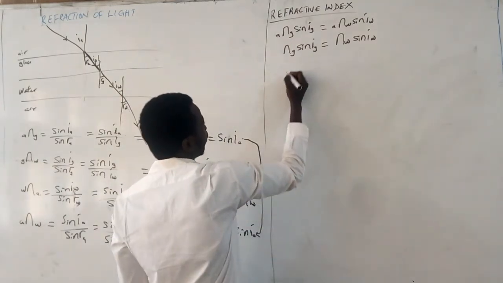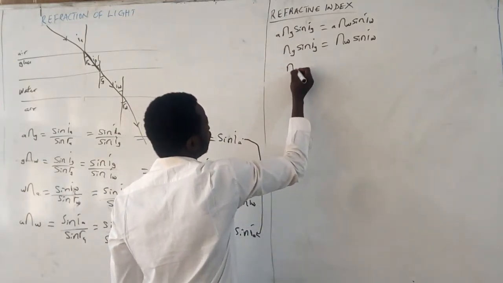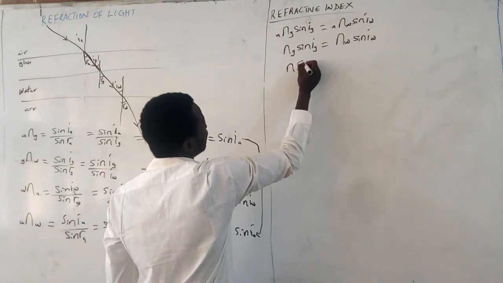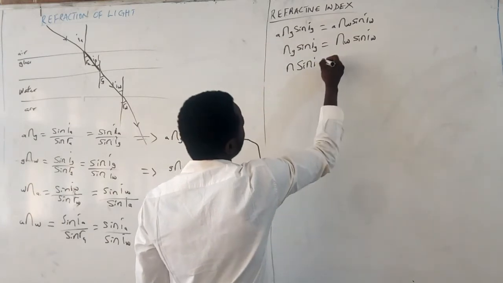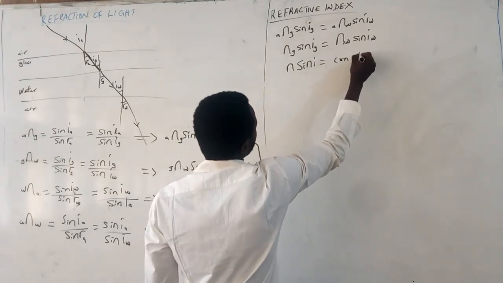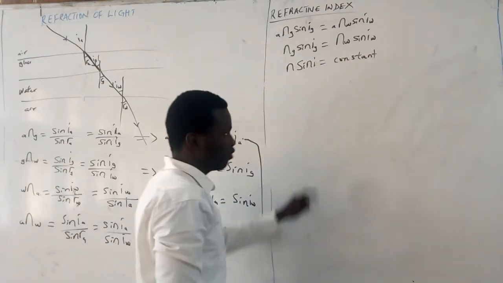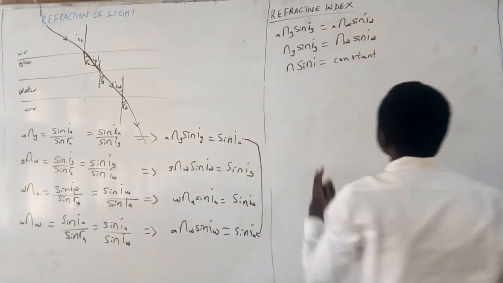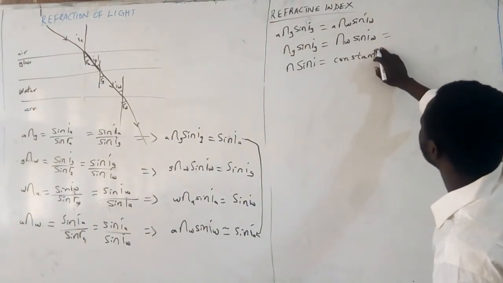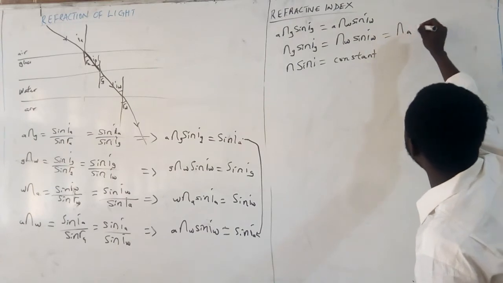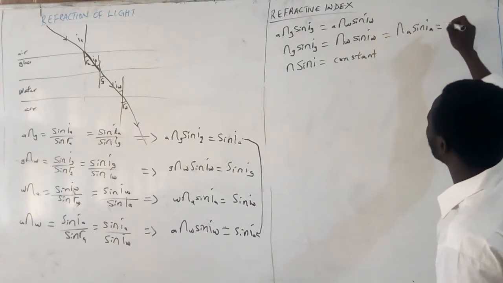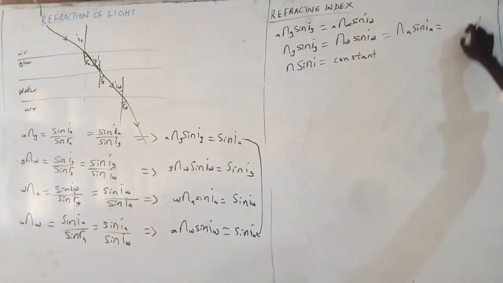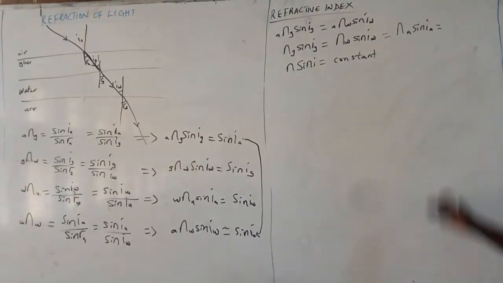generalize this and say the refractive index times the sine of incidence, that's of a particular medium, is a constant. So what we mean by a constant is that this can also be equal to refractive index of air times sine of angle of incidence of air, which can also be refractive index of any material times sine of angle of incidence of that material.